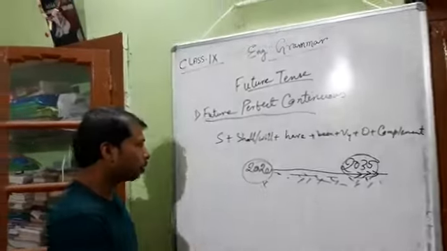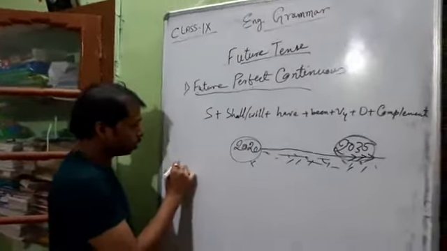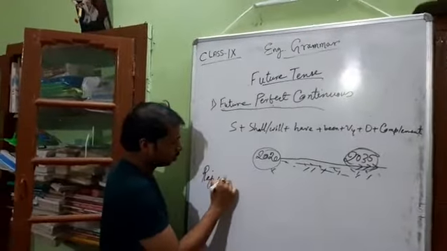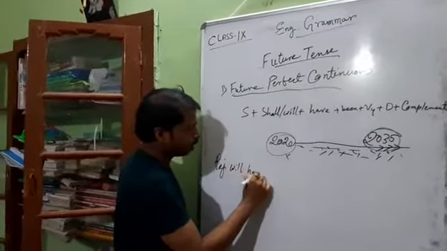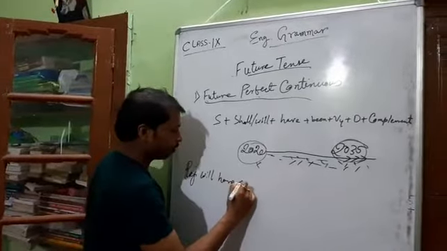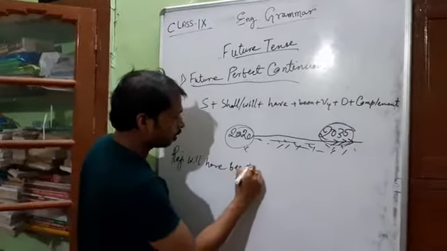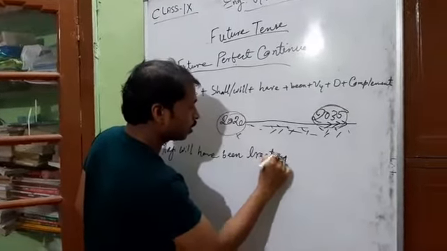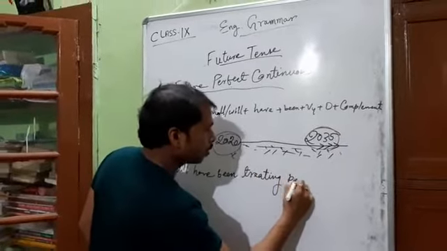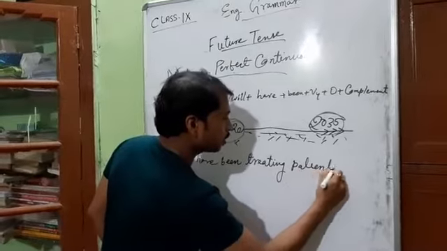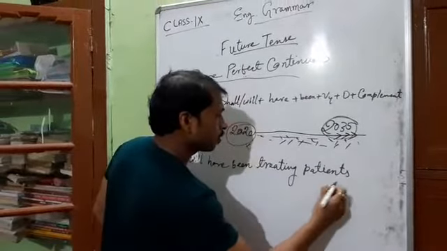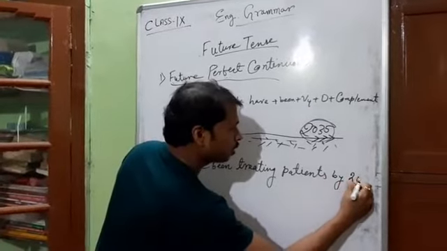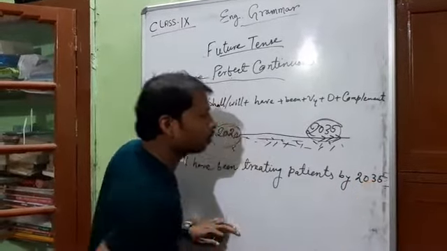Let's take the same example. Again I am taking Raj. Raj will have been treating patients by 2035.